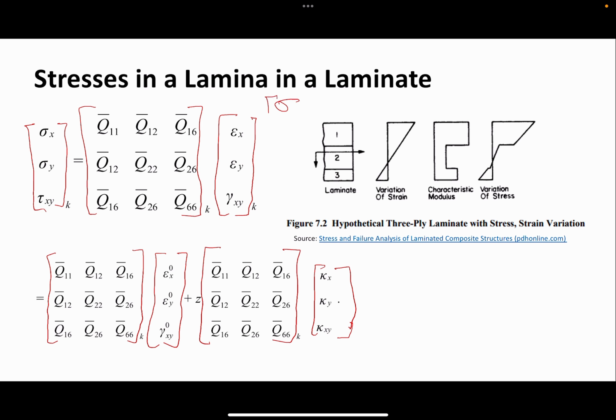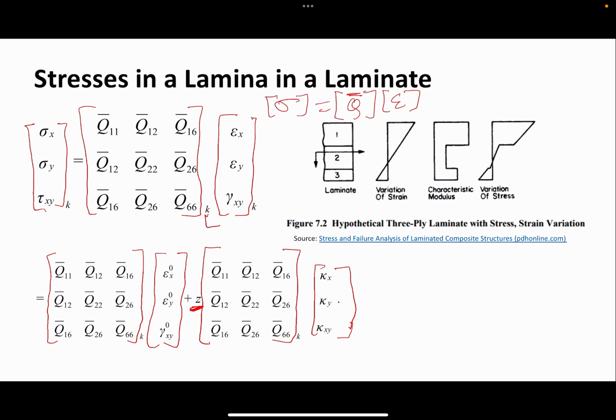Sigma equals Q bar, your reduced transformed stiffness matrix, a 2D matrix. It accounts for the angles also, applied using the transformation. Q bar into epsilon, or strains. So stress equals stiffness into strain. You already know this. The only difference is that now the strain is split into mid-plane strains and curvatures. And of course, don't forget the z here.